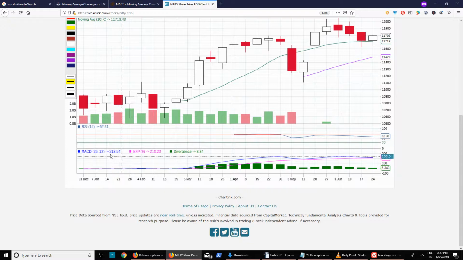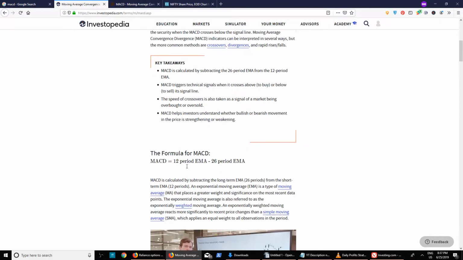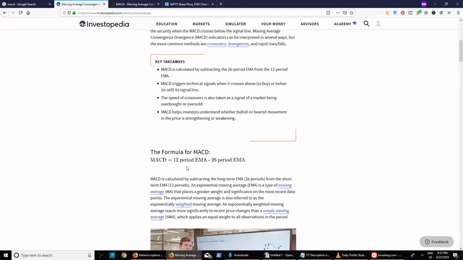So this one value, one number, comes when the 26 period EMA is subtracted from the 12 period EMA.